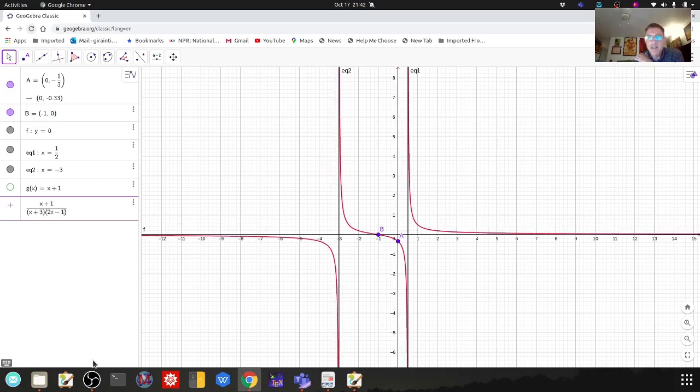And right there is our function, just as I tried to describe, and you can see it.